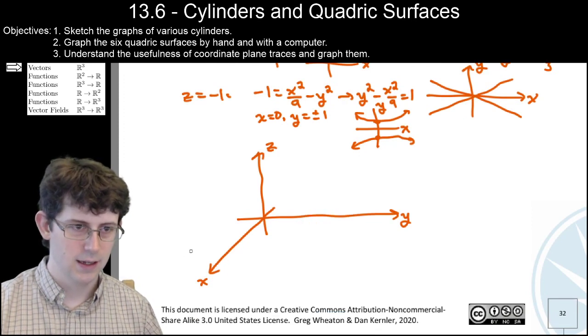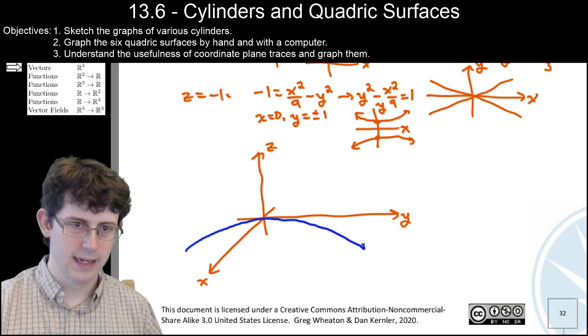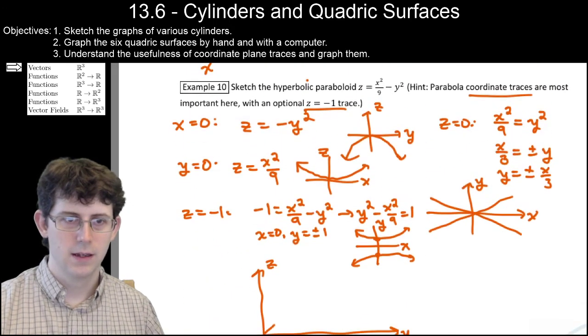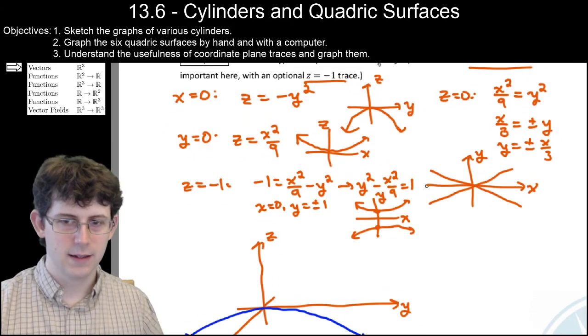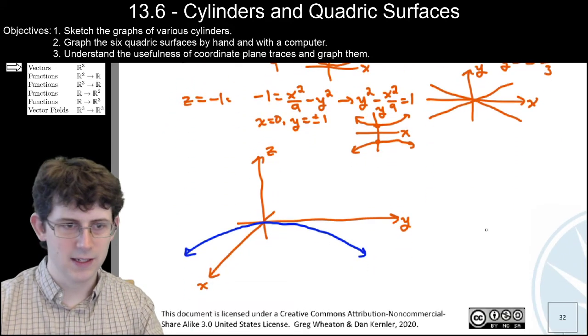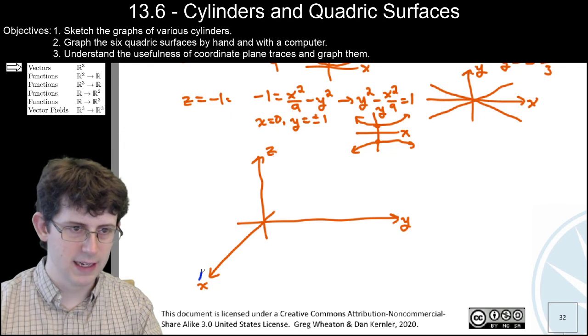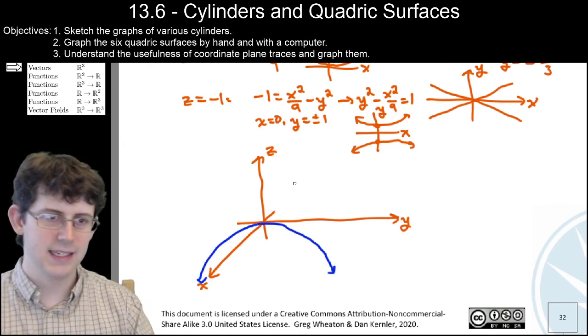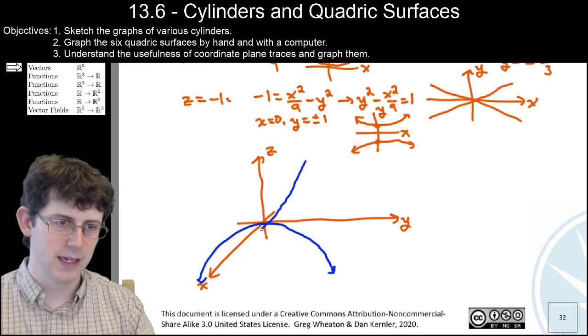So the YZ plane, I get a parabola like this. And then in the xz plane, ooh, in the yz plane I actually had a regular old parabola that wasn't so flattened. But in the xz plane, it was more like a flat parabola.